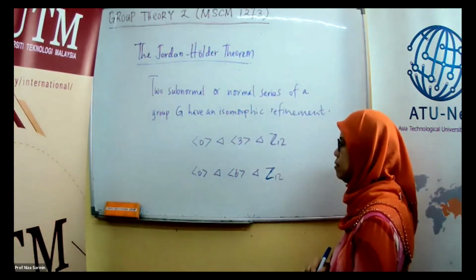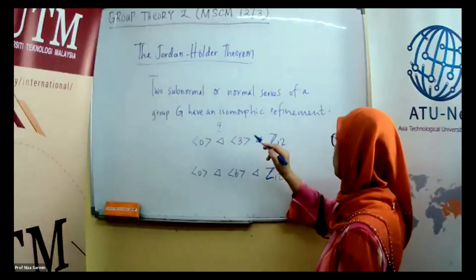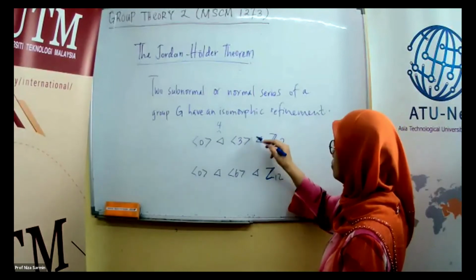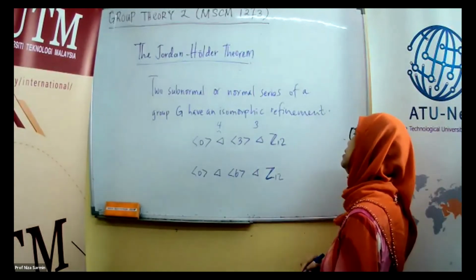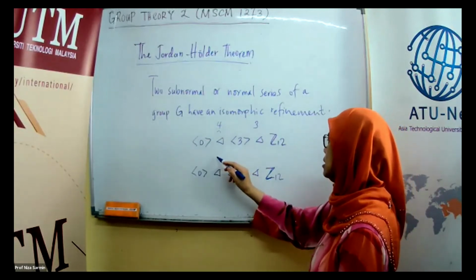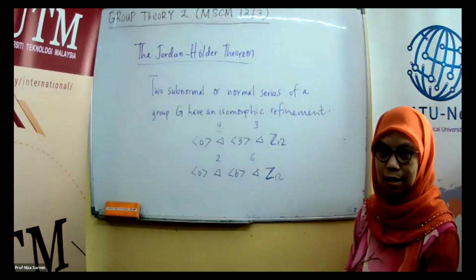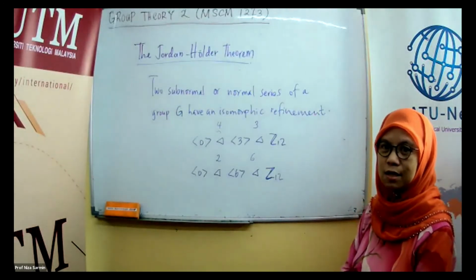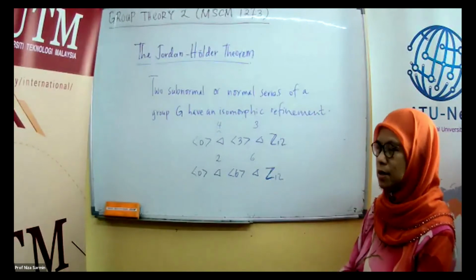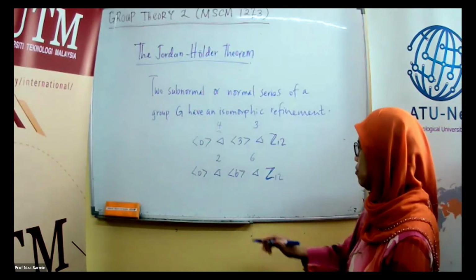Try just Z12, right? Because this one is 4, 3, 3, and this one is 2, 6, 2, 6. See, they're not the same. But I can have the refinement, which is bigger and will cover this and be isomorphic.